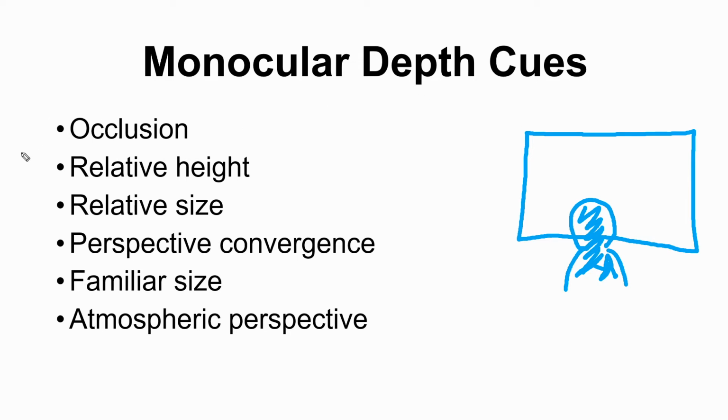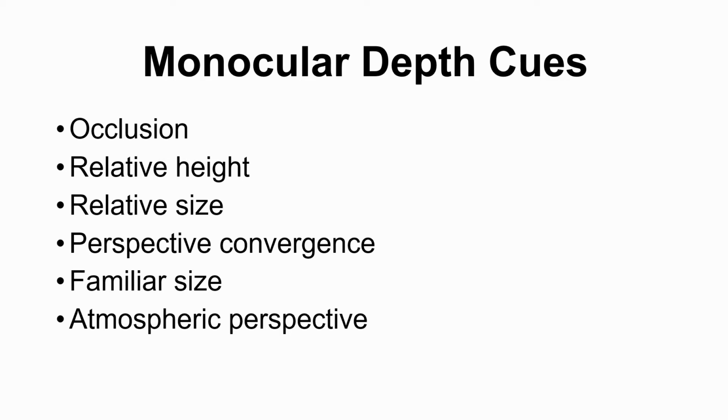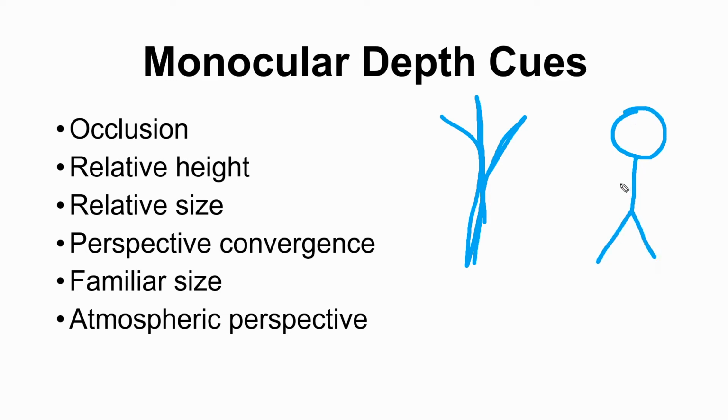We can also look at relative height and relative size. This is just when you're looking at two different things. So maybe you have a tree that's way off in the distance, and that tree looks to be about this tall. But then there's also a person who's closer to you, and they look to be almost as tall, if not taller, than that tree. You don't necessarily determine that it's a very small tree or a very large person.